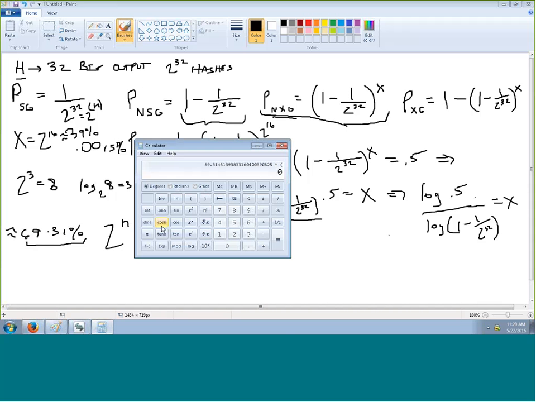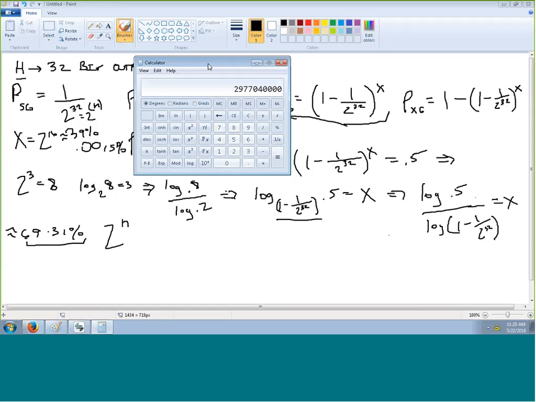If I multiply it, we'll get our number again. 2 to the 32nd divided by 100. There we go. So our original number was 2,977,000,000.